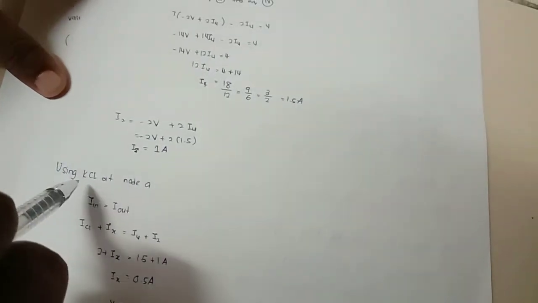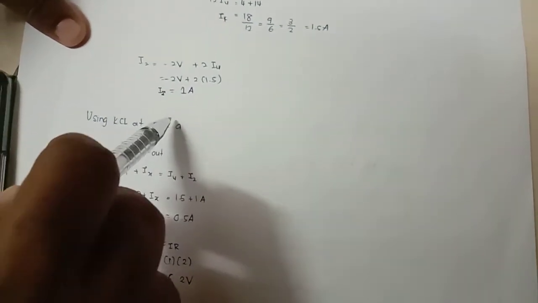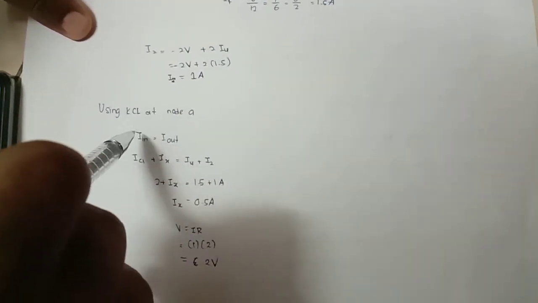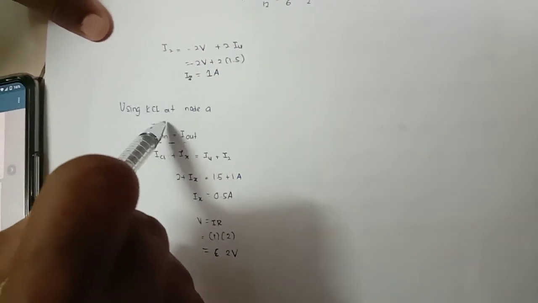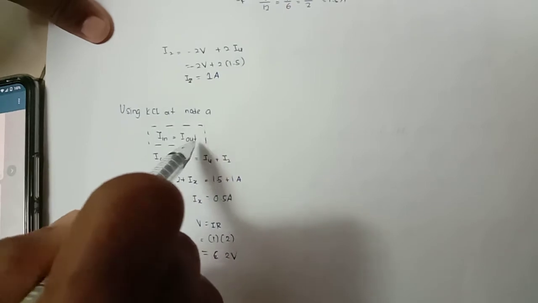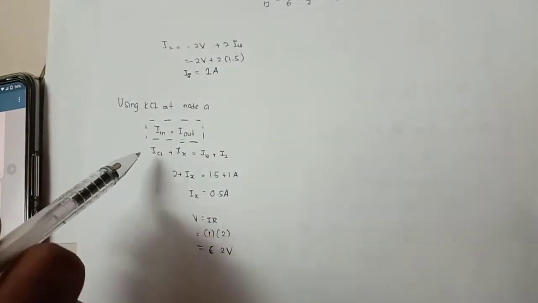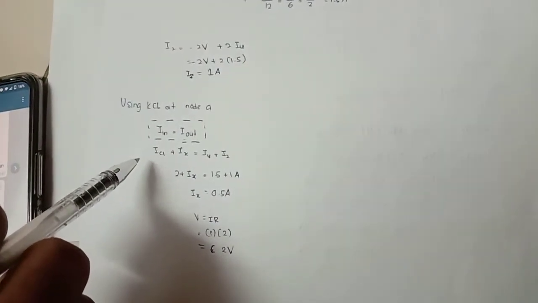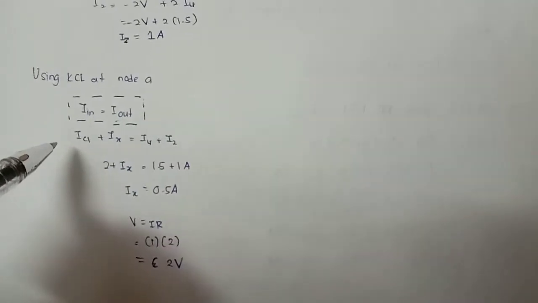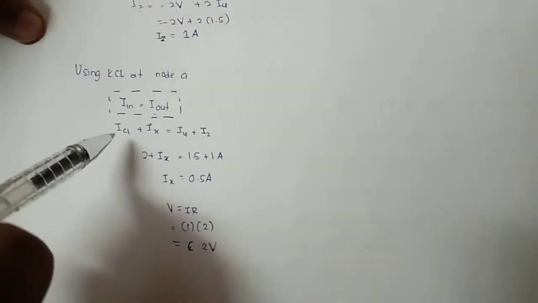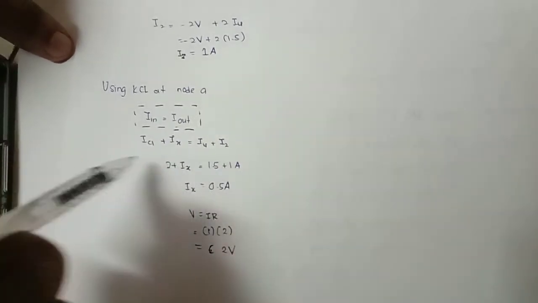So for the KCL, Kirchhoff current law, at the node, we have to know that the current going in is the same as the current coming out. So I3 plus I1 equals I4 plus I2.